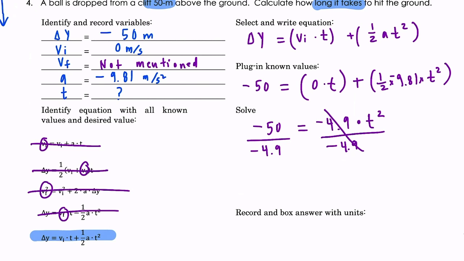And I get 10.2, and that is equal to t squared. So is that our answer? No. I'm solving for t. I am not solving for t squared. So we have one final step. To get rid of t squared, to get rid of the square, we have to do the opposite, which is the square root.